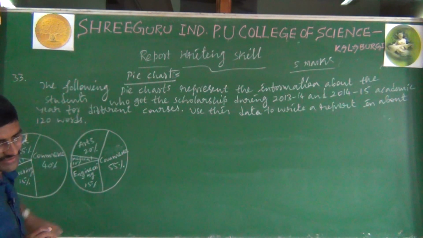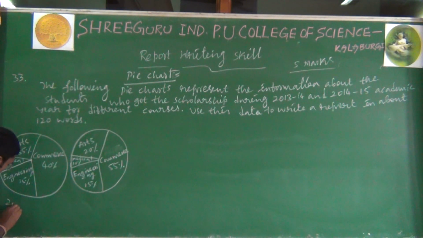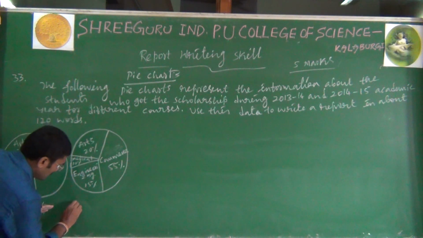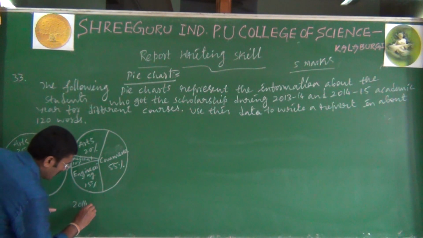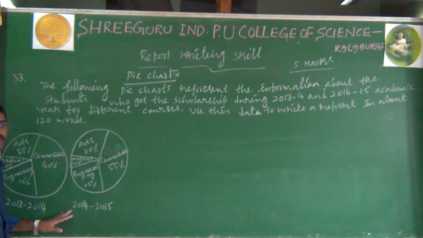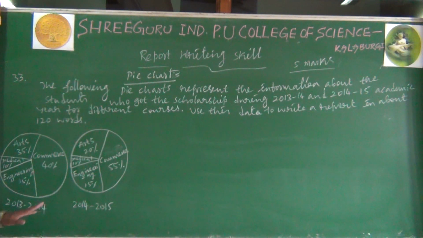My dear students, this first pie chart talks about the data of the 2013 and 14 academic year, whereas the second pie chart shows the 2014 and 15 academic year data.